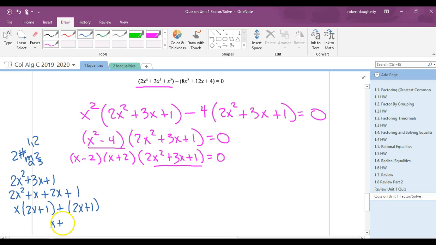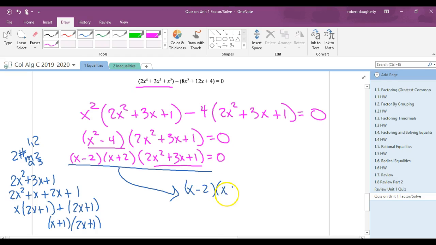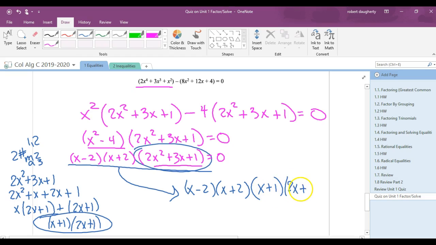This is x plus 1 times 2x plus 1. So you go from this step to x minus 2, x plus 2, and this factors to what we just found: x plus 1, 2x plus 1 equals 0. If I set each of these equal to 0, I get x equals 2, negative 2, negative 1, negative 1 half.